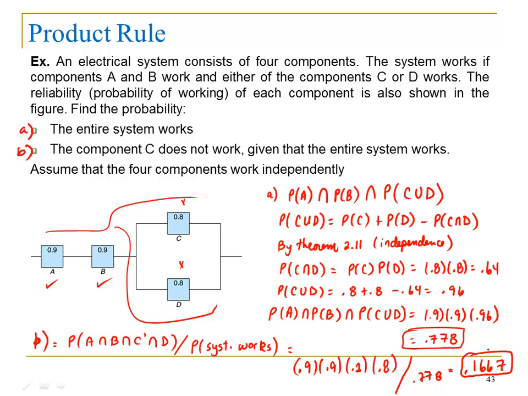So if C is not working, if you remove this portion of the question and you just solve component C does not work, you know that the probability that C is not working is 0.2. That's by looking at the complement, right? Now, you want to know what are the probabilities that the system works given that that one is not working. You still have a chance for working because the probability of not working is 0.2.